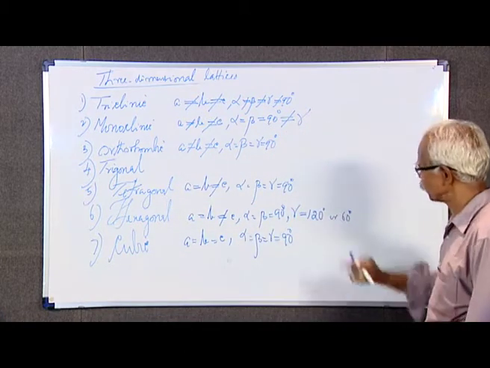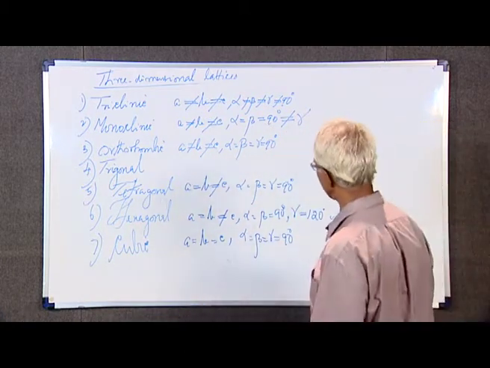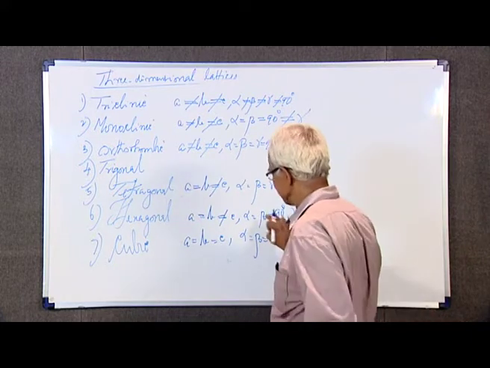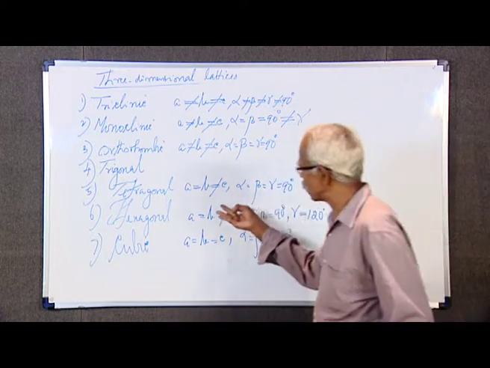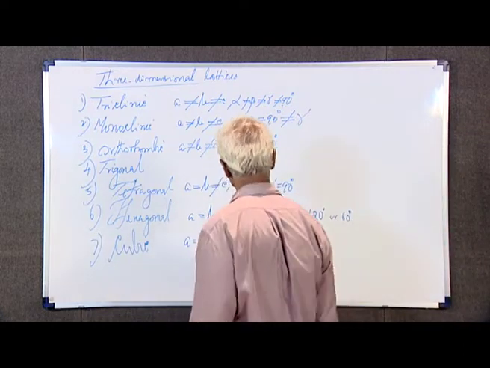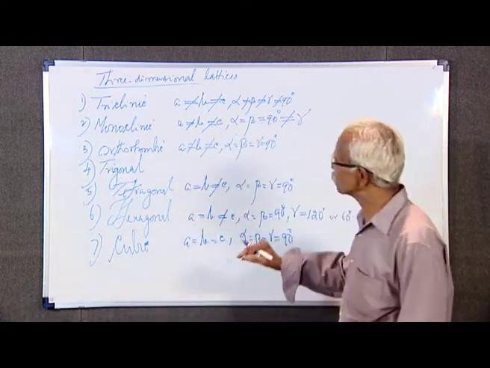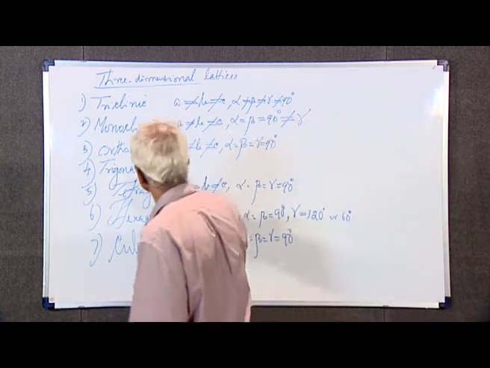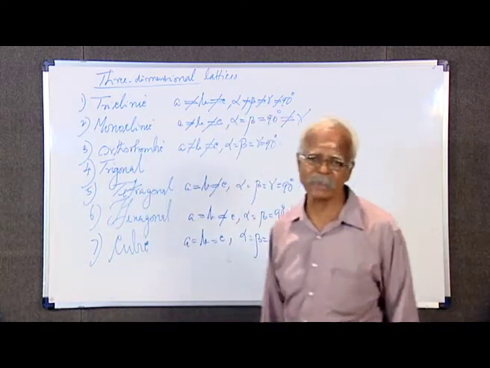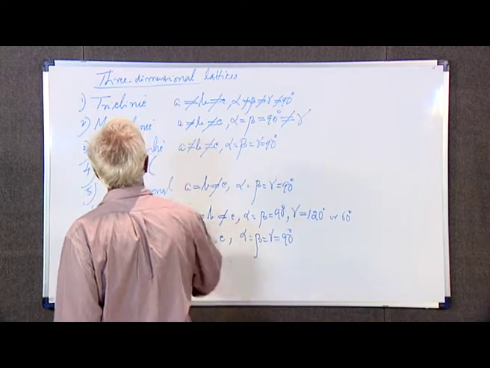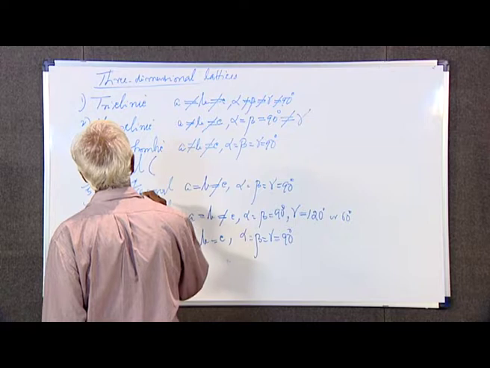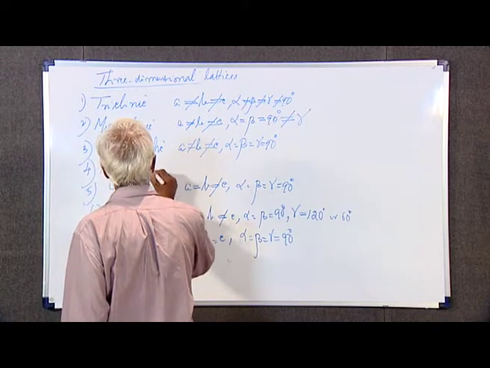Usually one takes it as 120 degrees. So, hexagonal lattice, I will explain. This is evidently the 2-dimensional hexagonal lattice reborn in a more sophisticated fashion. The most enigmatic of the lot is the trigonal lattice, which requires very detailed explanation. I will first of all quote one more name for it, which is called rhombohedral.